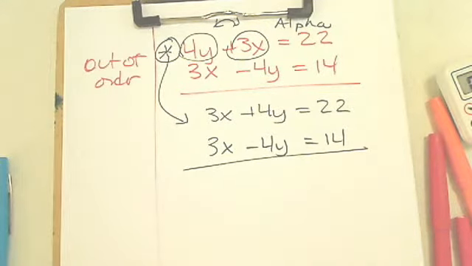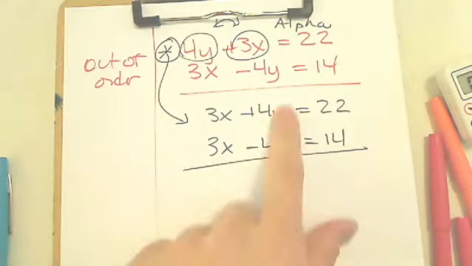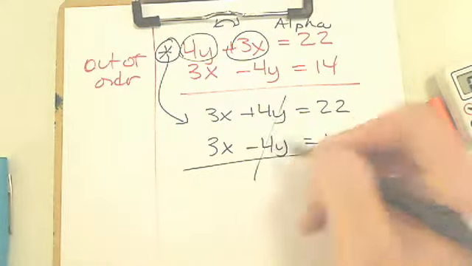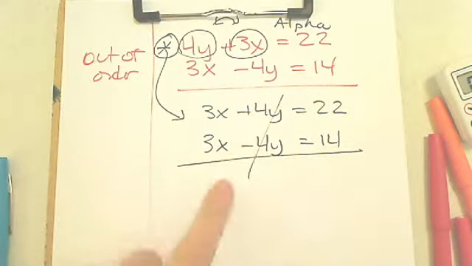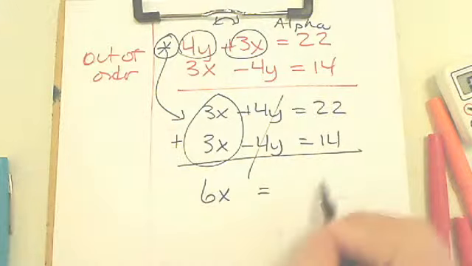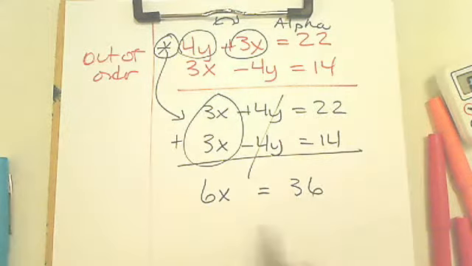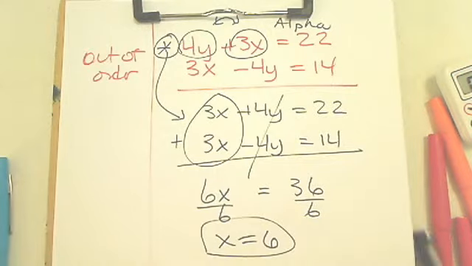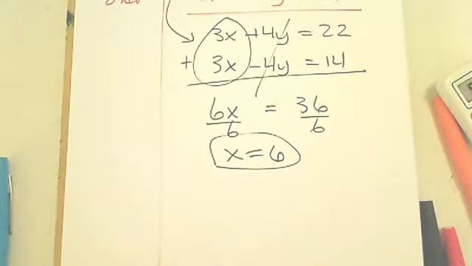Are we allowed to eliminate? Yeah, I can eliminate and get rid of those y's. I add these together and combine like terms. 6x equals 36. Divide, one step. x equals 6. How do I find the value for y? I substitute it in. Doesn't matter which equation.